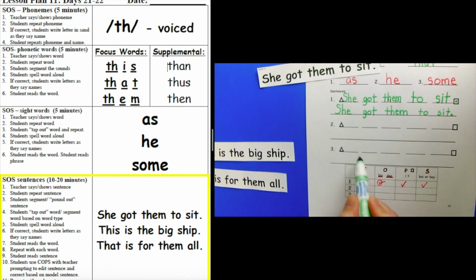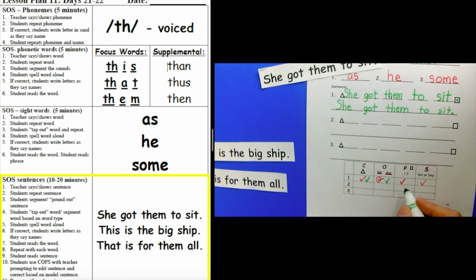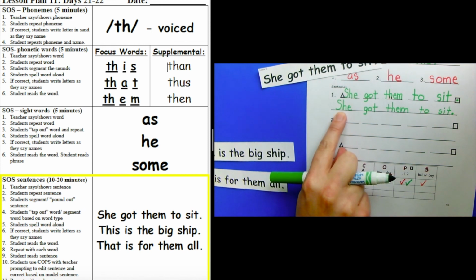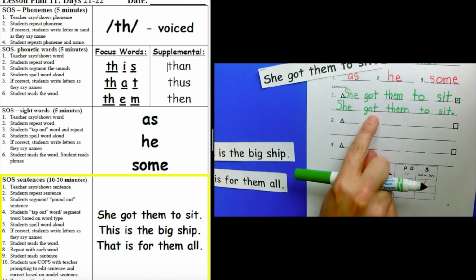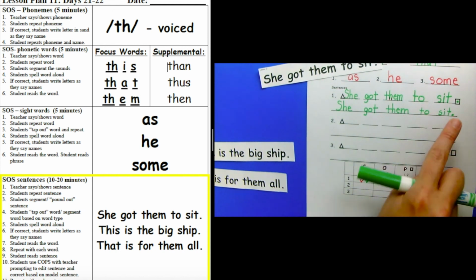They're saying, okay, do I have a capital? Yes, and all the rest are lowercase. Organization, do I have good spaces? Yep, and they're on the line. Perfect. Punctuation mark, I did not forget it. And then spelling. Sound it out. She, got, them, to, sit.